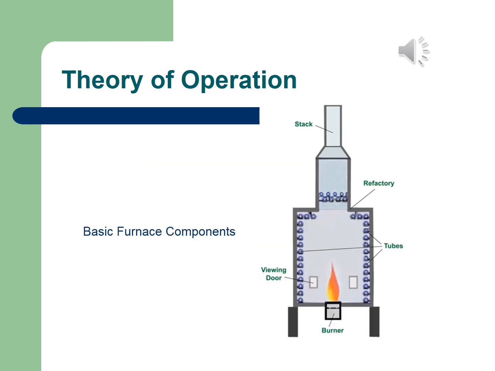Before we go to a more detailed figure a little bit later on, let's just quickly see what the main components, the basic components or the equipment associated with the furnace, are. The first thing I would say is a burner, of course. So we need to generate this heat. Then there are tubes. In these tubes is the load. In other words, this is what needs to be heated.